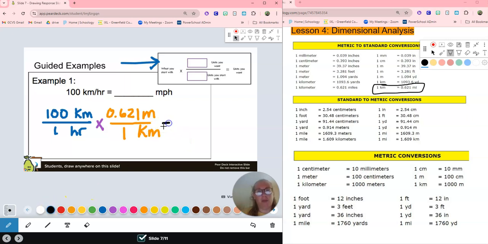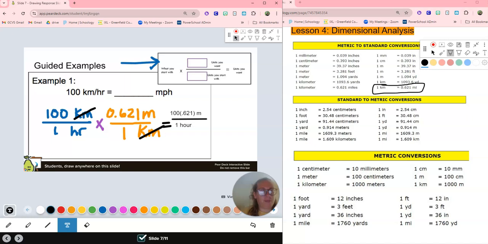And then I'm going to put my equal sign, and we're going to figure out our answer. Kilometer and kilometer cancel out. So on top we have 100 times 0.621, and that is really divided by, on our bottom, 1 times 1, which is 1, and we're left with hours.